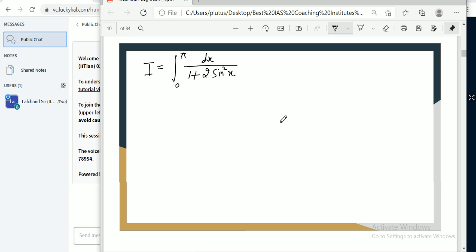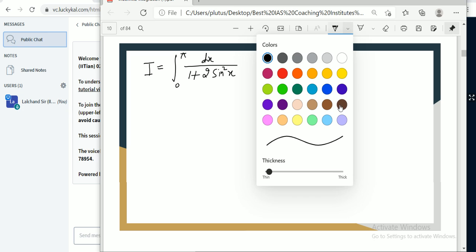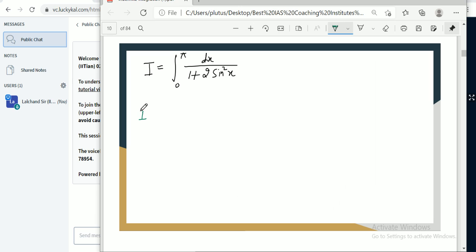So if we write I is equal to the integral from 0 to pi of dx divided by sine square x plus cos square x plus 2 sine square x.